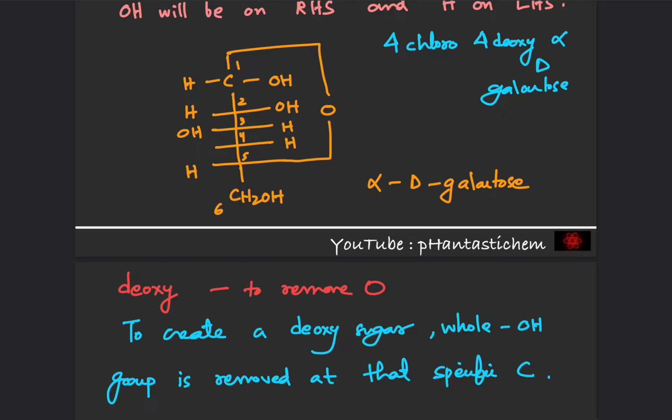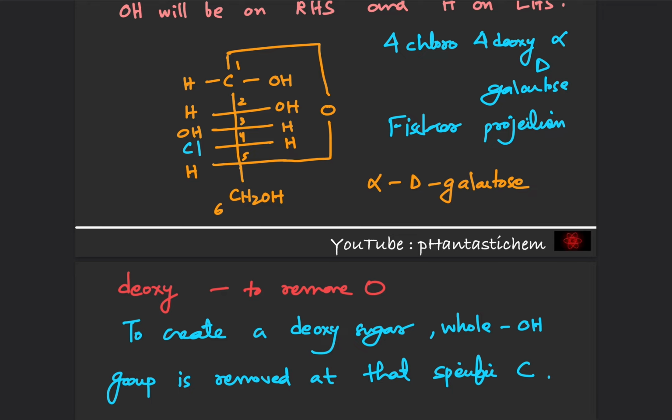Just erase this and replace it with Cl. So this is your 4-chloro-4-deoxy alpha D galactose. And this is actually the Fischer projection.